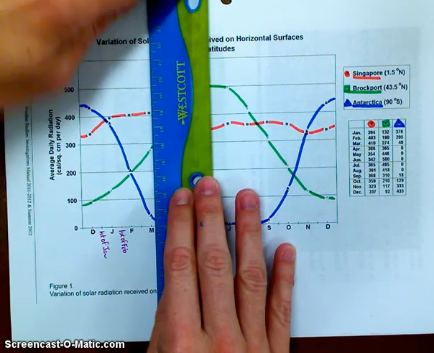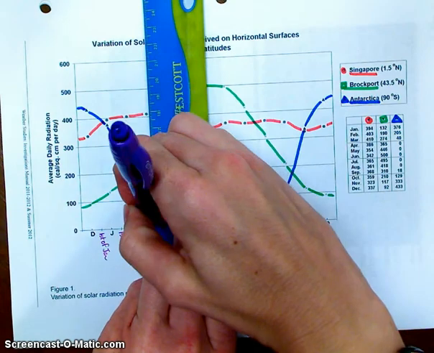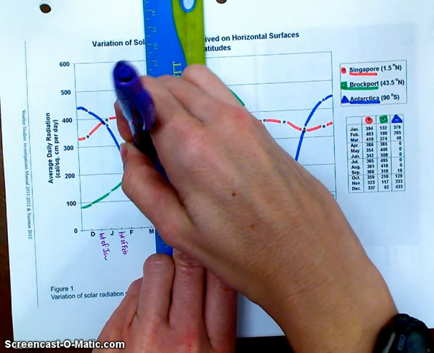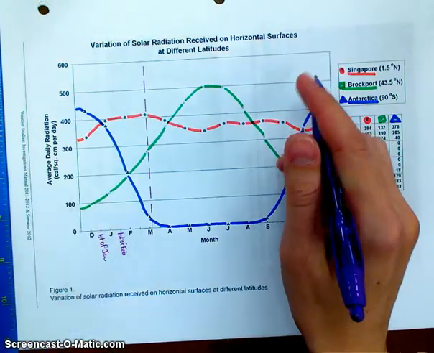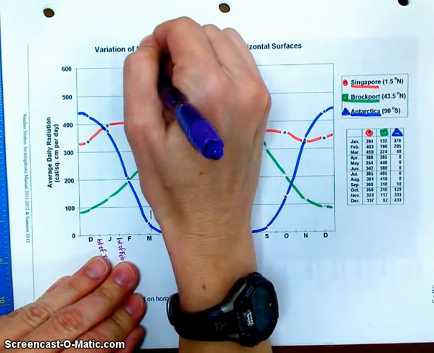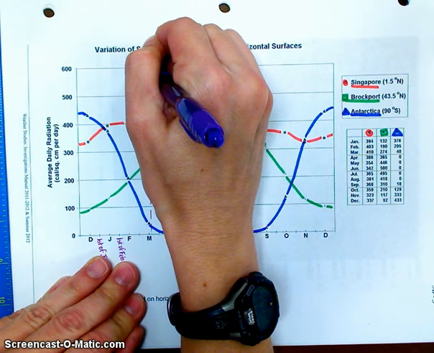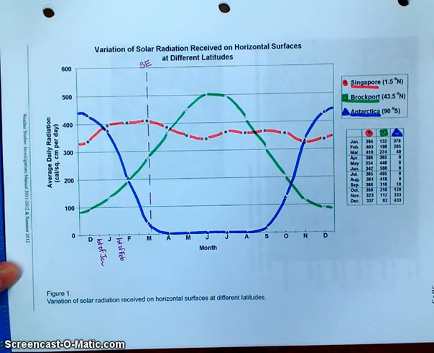So I'm going to put it right there. Kind of do a dash line. And then up at the top, it's not perfectly straight, but that's okay. At the top, I'm going to put SE for spring equinox.